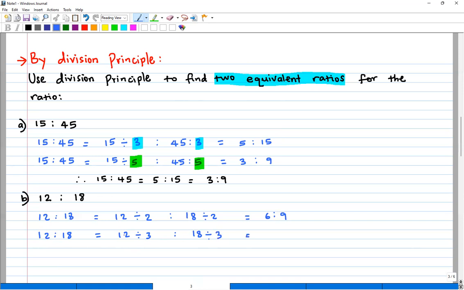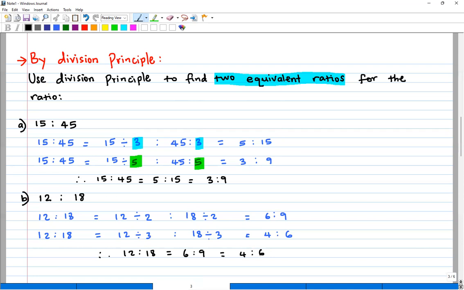So this will be 12 divided by 3, that is 4, to 18 divided by 3, that is 6. So we are having 4 to 6. So finally, we say that the ratio 12 to 18 is equal to 6 to 9 and equal to 4 to 6.